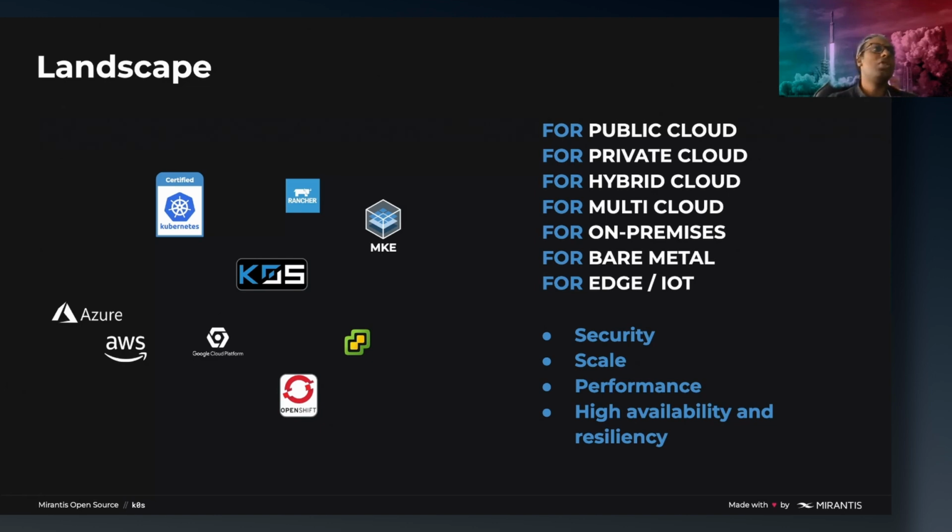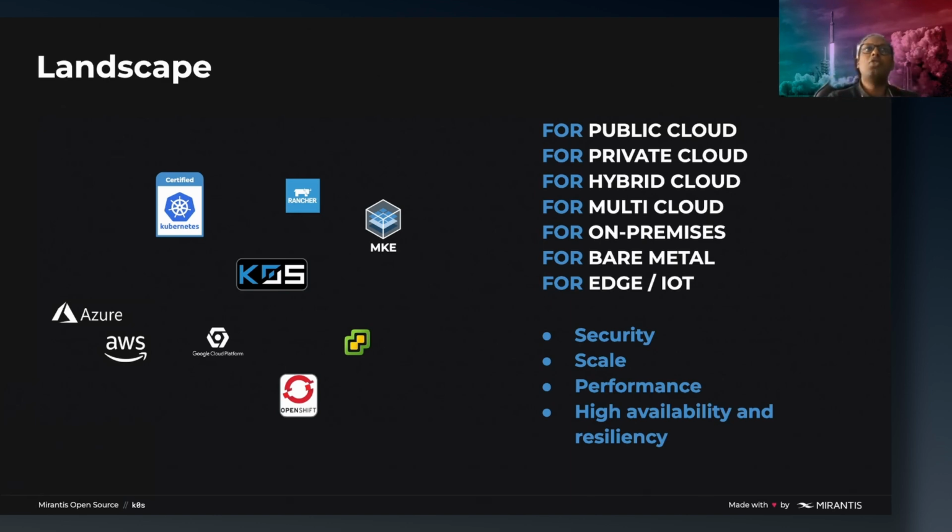You have these options coming from the main public clouds, AWS and Google. You can have Kubernetes as a service offering with Rancher, OpenShift, Tanzu, and Mirantis Kubernetes Engine. So you do have these options.